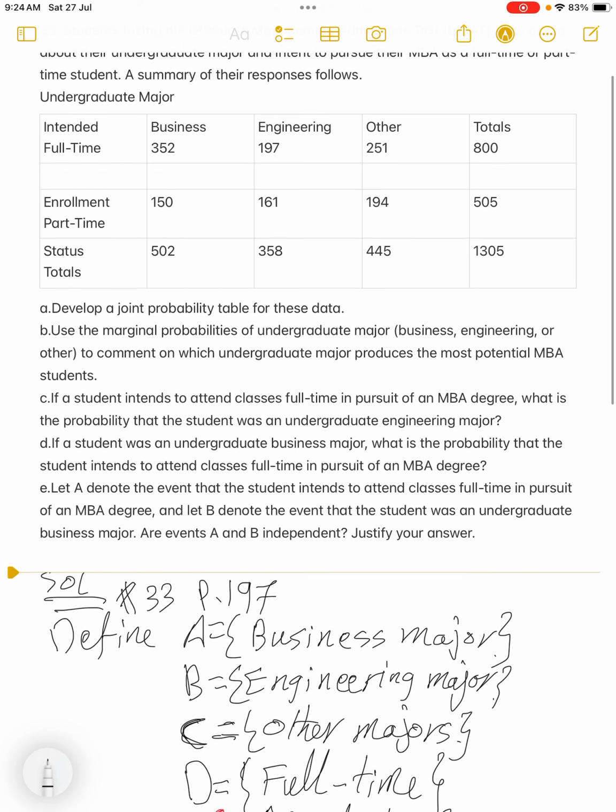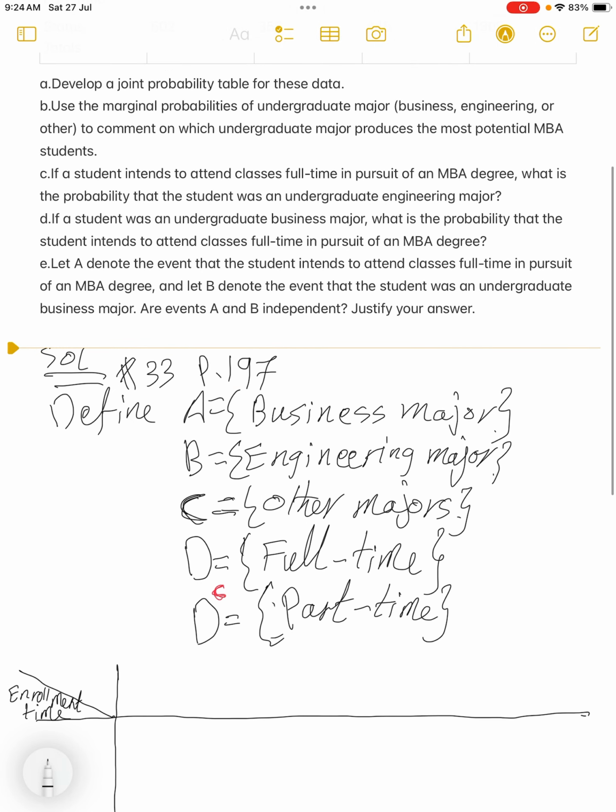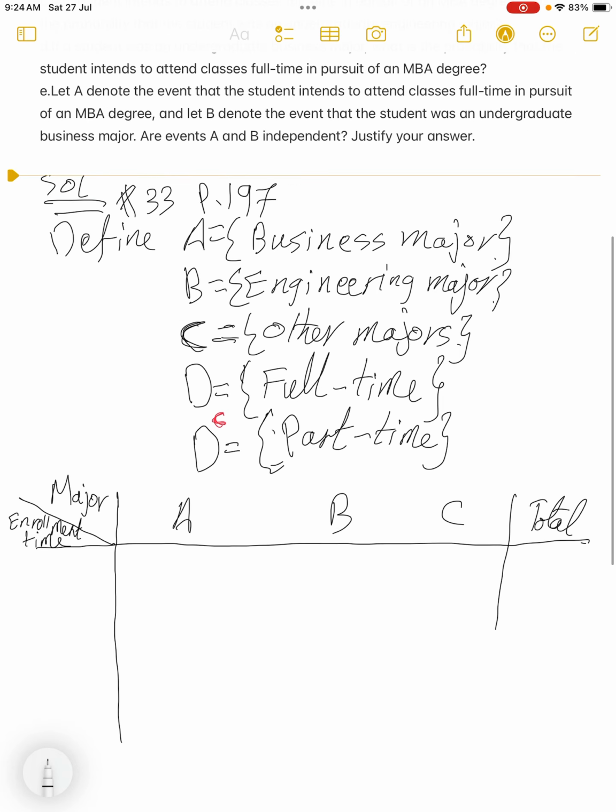Here I will write major. Here we have A, B, C, and total. Down here on the left I will put D, D complement, and total.